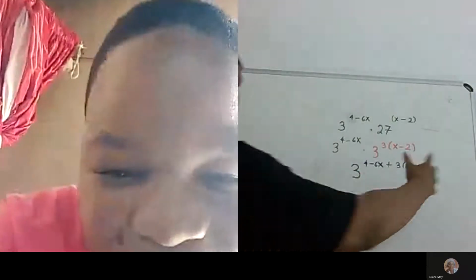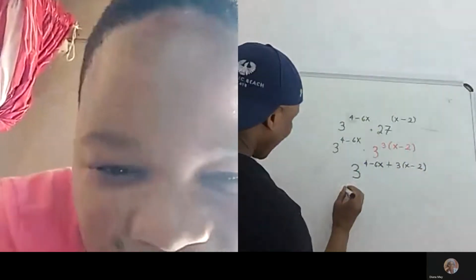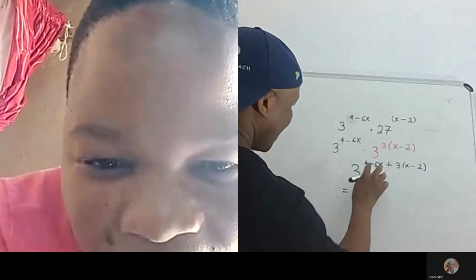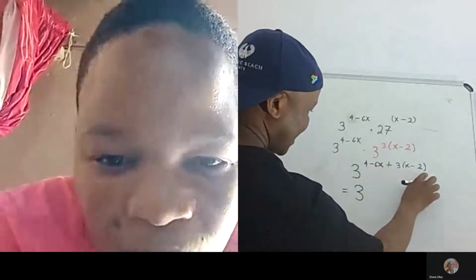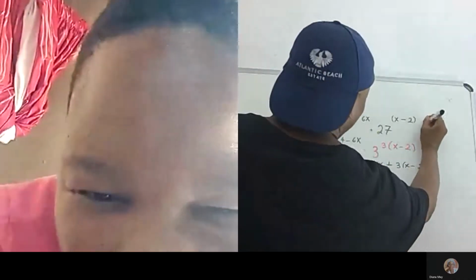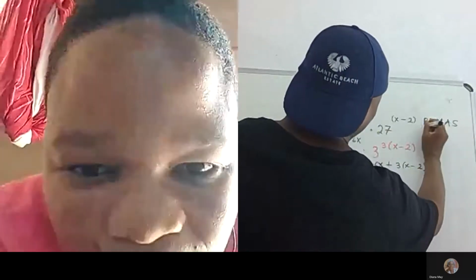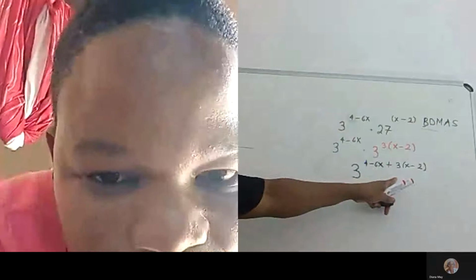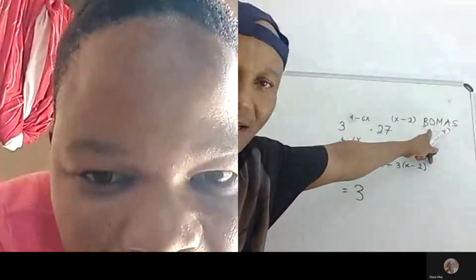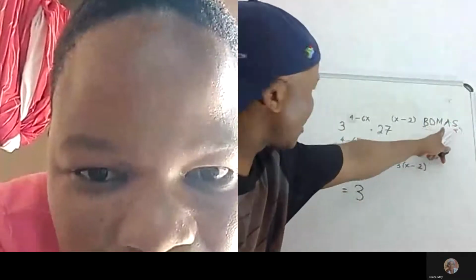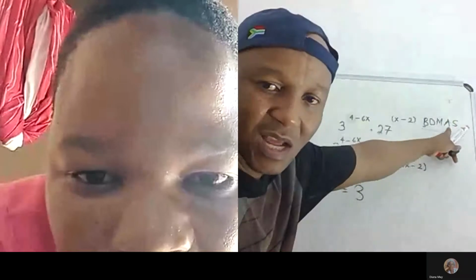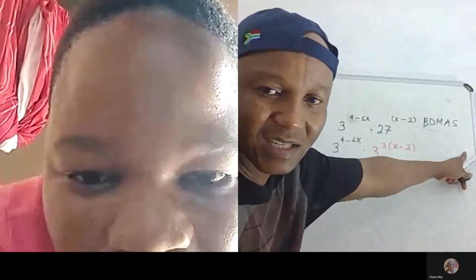So the next thing is we put them together. Okay, we have to expand this. You know why? From the rules of math, we say BODMAS. We must start with a bracket before we do any of this, and then we go for division, multiplication, addition, and then subtraction.